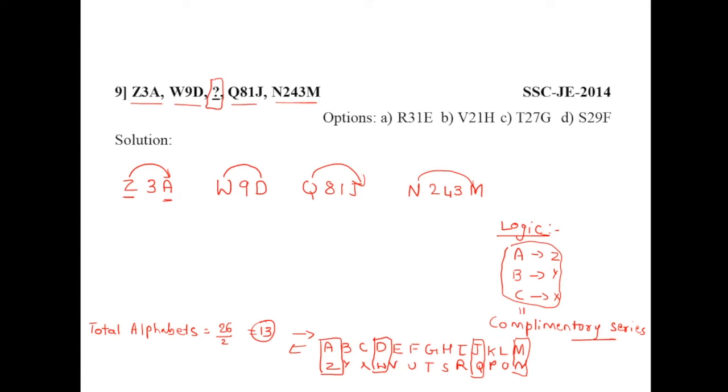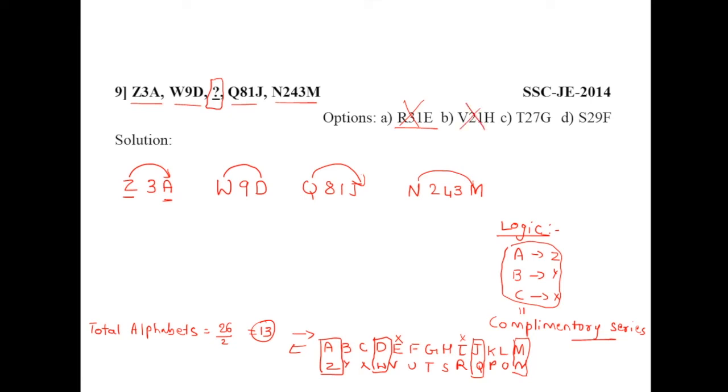Before solving this, while looking at the options itself, you can guess the answer. Option A is given as RE. Is RE complementary? No, so this option is wrong. Next, option B, V and H. Just check V and H. No, it is V and E, so this is also not the option.